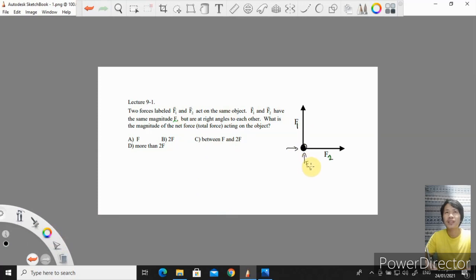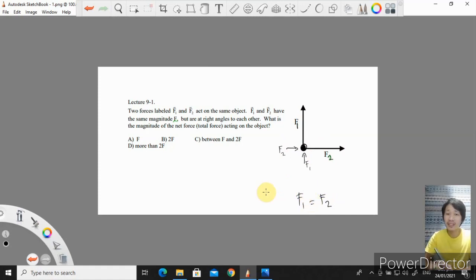F1 pataas, and then F2 on this direction. Alright? Now, yung value daw ng magnitude ng force ng F1 and F2 are the same. So, F1 daw is equal to F2. Okay? But are at right angles, so perpendicular. The question is this, what is the magnitude of the net force acting on the object?